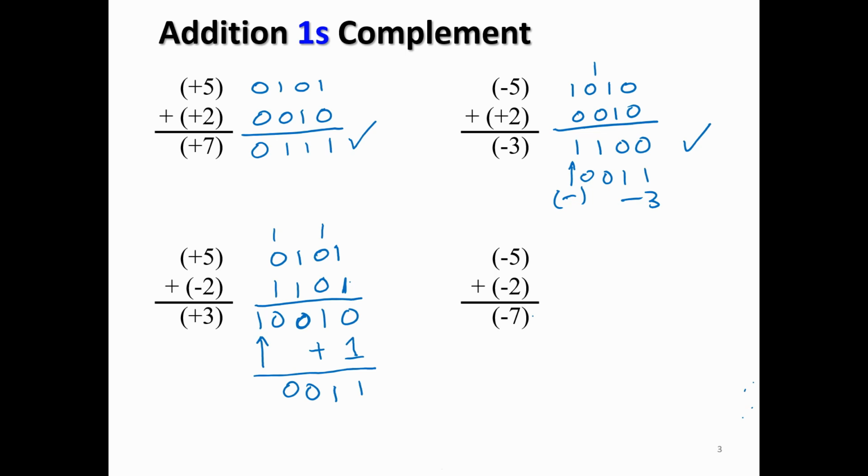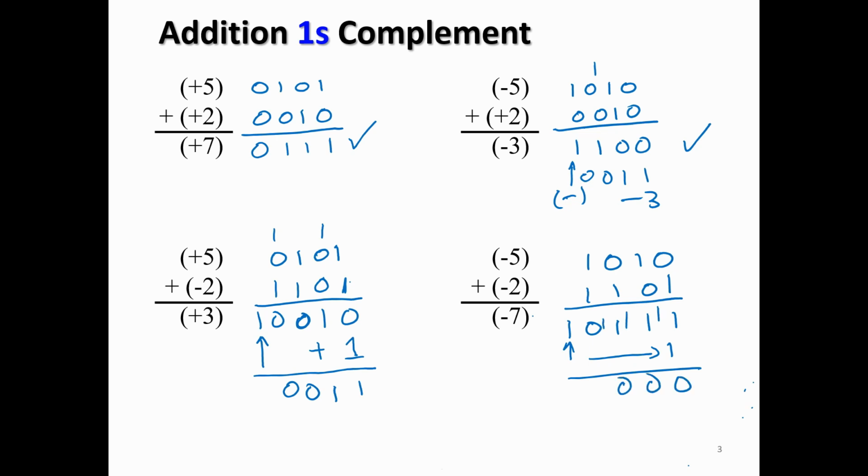For the last case, we have a negative 5, 1010, and negative 2, 1101. We add those two. We also end up with one more bit than the 4 that we started with. What can we do with that? In this case, one option is also adding that one. 1, 1, 0, carry 1, 0, carry 1, 0, carry 1.